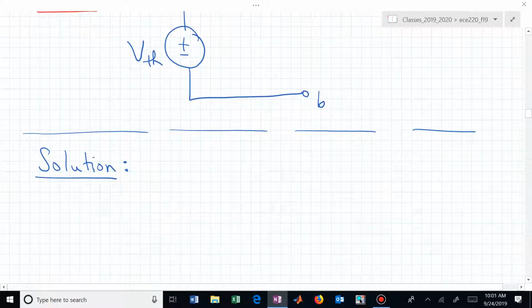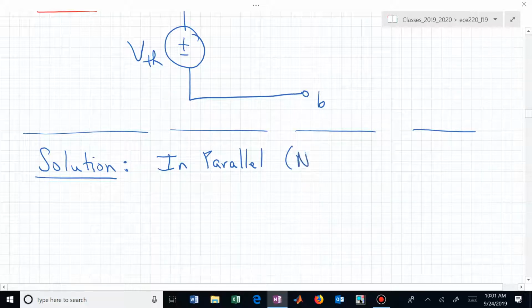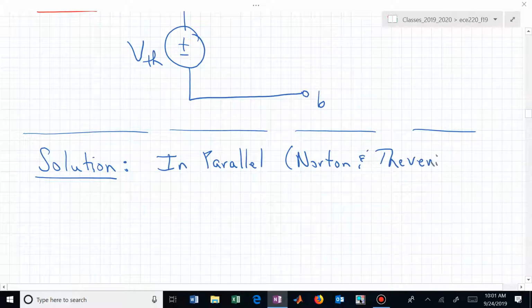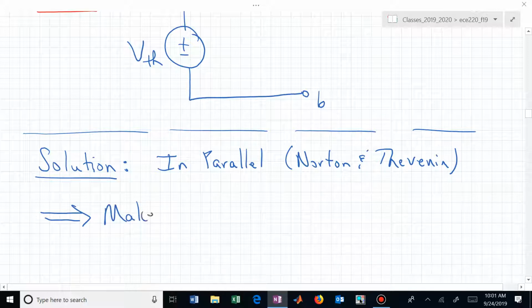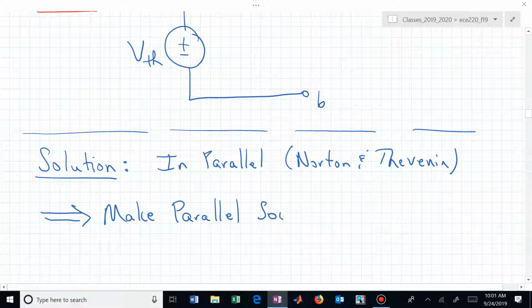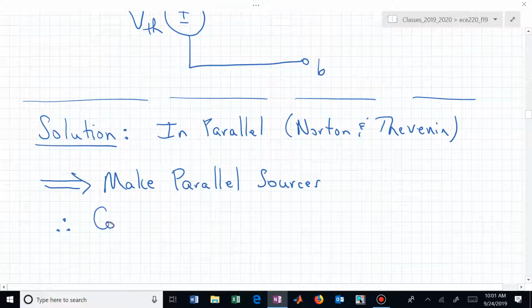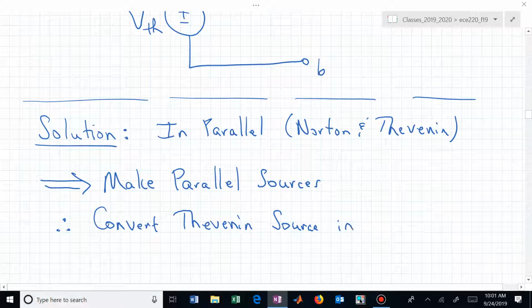So they're in parallel, Norton and Thevenin. Let's now make parallel sources. That means we need to convert that Thevenin source into a Norton source.